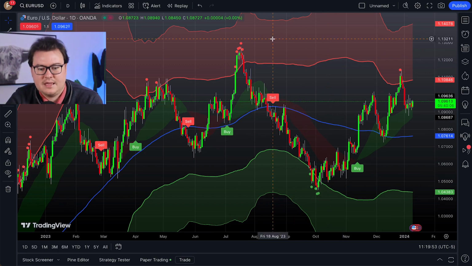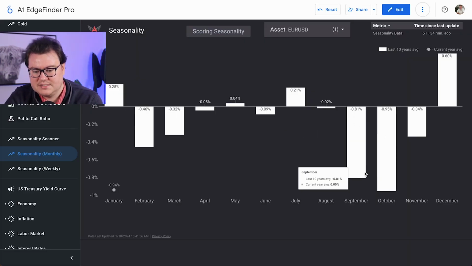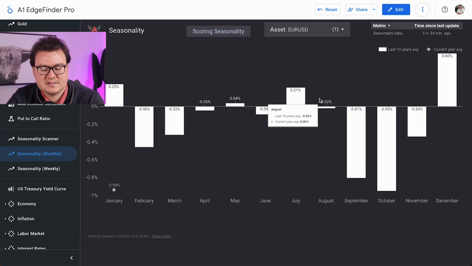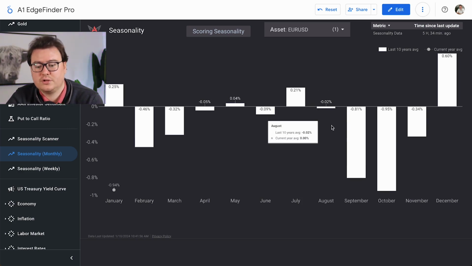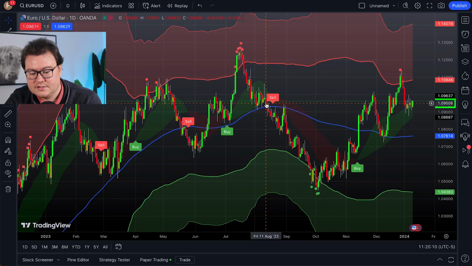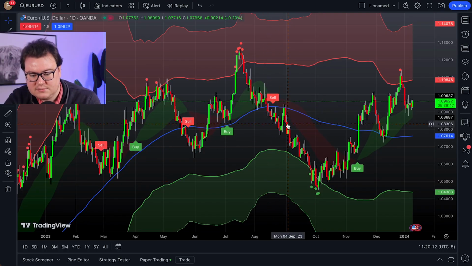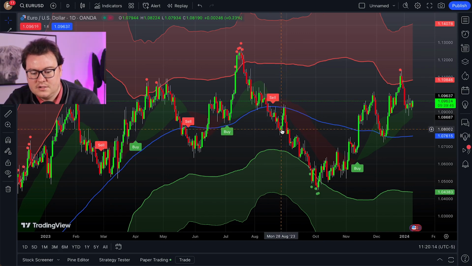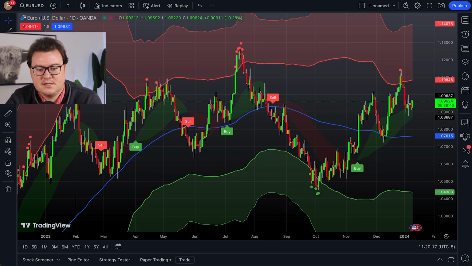September being one of them, and that completely lines up with what we see here. August is kind of a break-even month. Historically, August, over the last 10 years, we've seen some positive months and some negative months. That's why it's kind of at that break-even zone. And so, this year, August was a down year. Although in August, we did see this nice little spike too, but then gave back those gains.